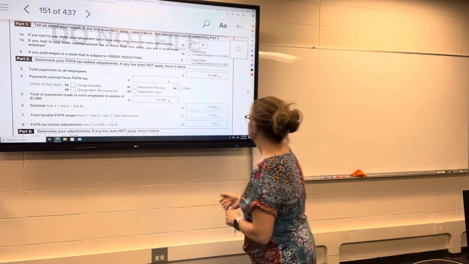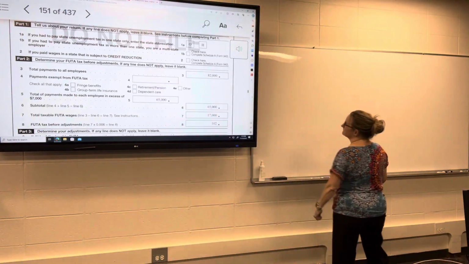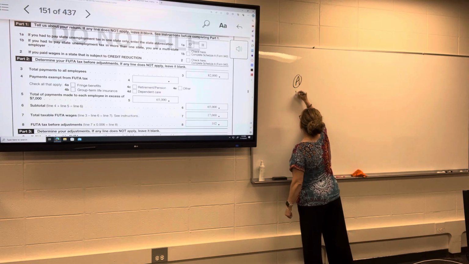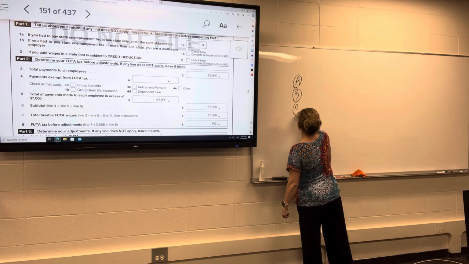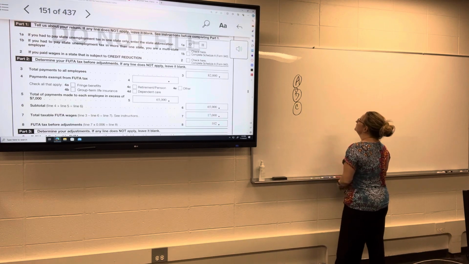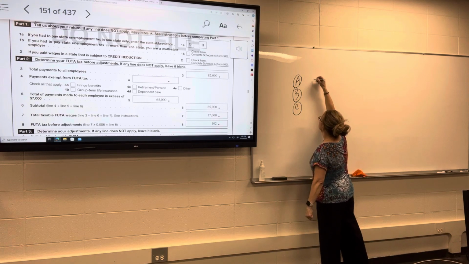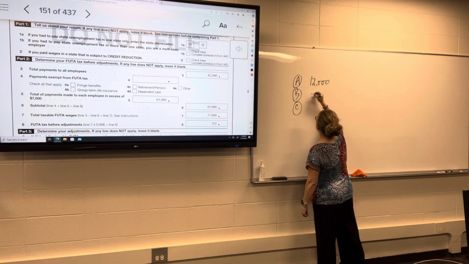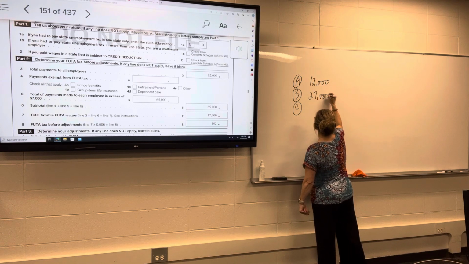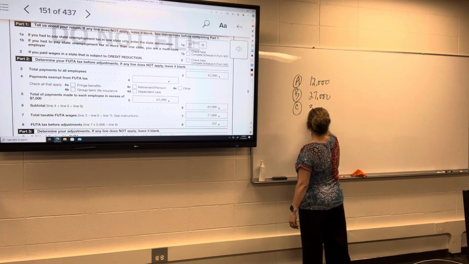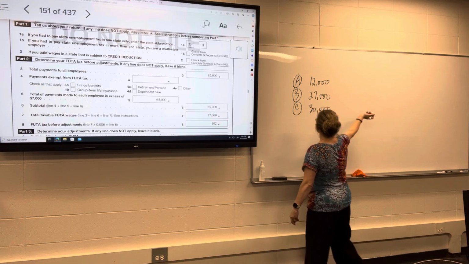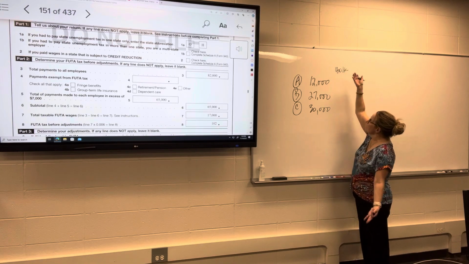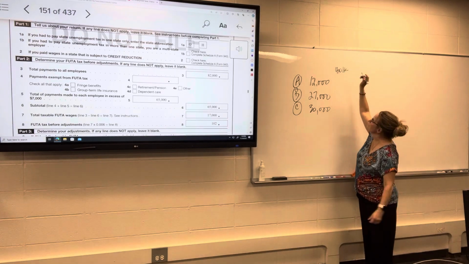Okay, so for example, let's say we've got 3 employees, employee A, B, and C. Employee A made 12,000, B made 27,000, and C made 30,000. They all contributed to a 401k at, let's say, 10%.